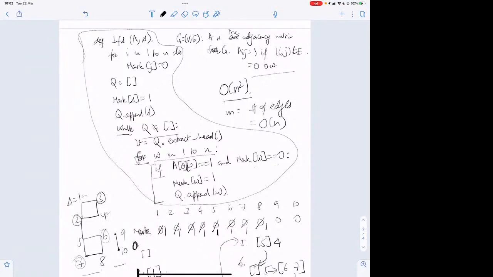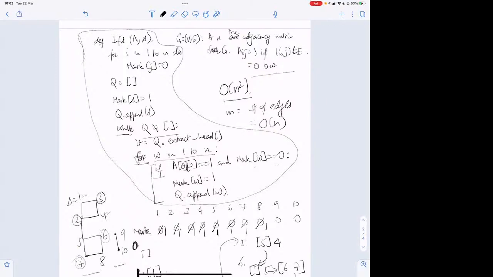But the observation is that if most of the matrix is filled with zeros, meaning if m is order n, then there are on an average of order 1 many ones per row and column, correct? n rows and order n elements have 1.